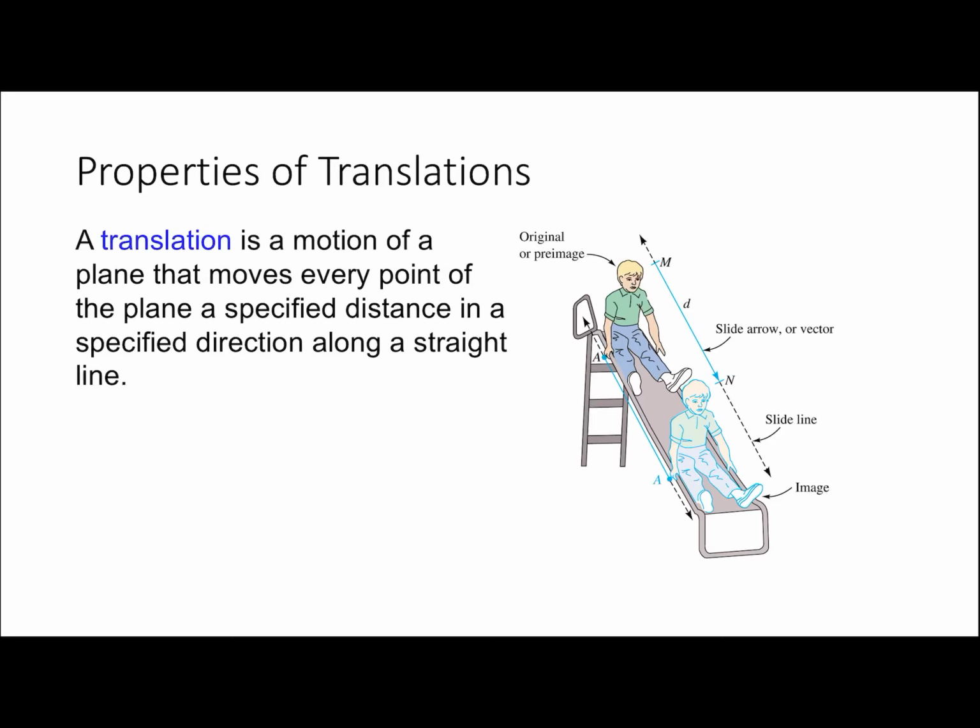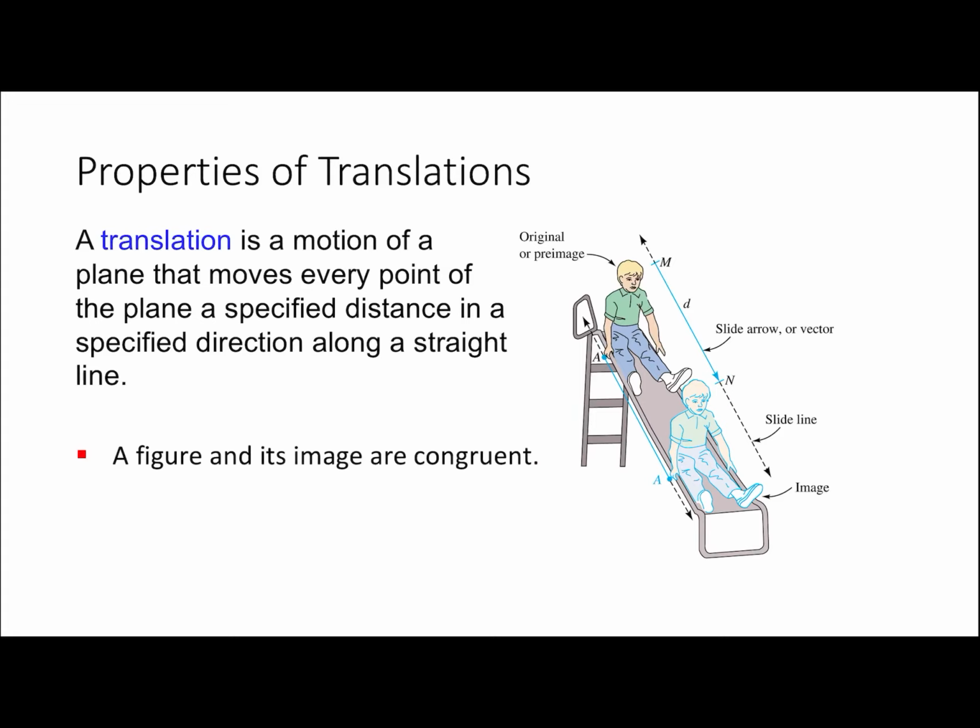Every point in a translation of the original figure moves the same distance in the image. Okay, and the image after you have slid it, every point is moving the same distance in a straight line. Okay, so that's important to understand. It's not that one point moves one distance and then another point moves a different distance. They're all moving the same distance in the same direction.